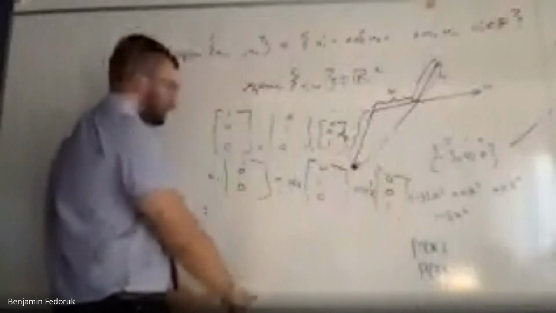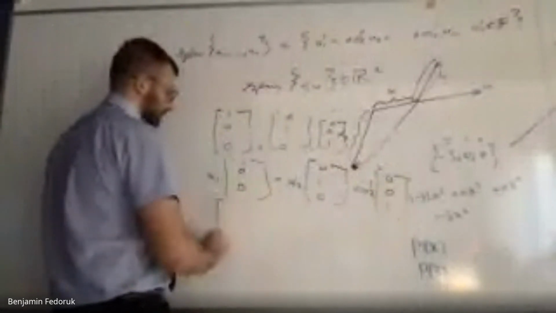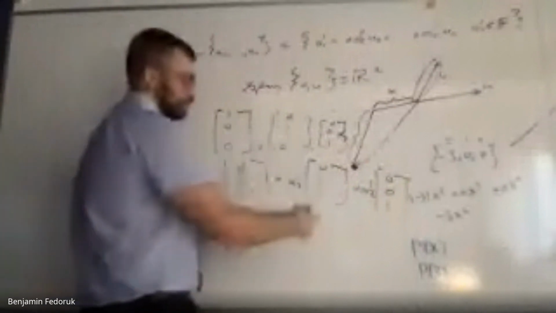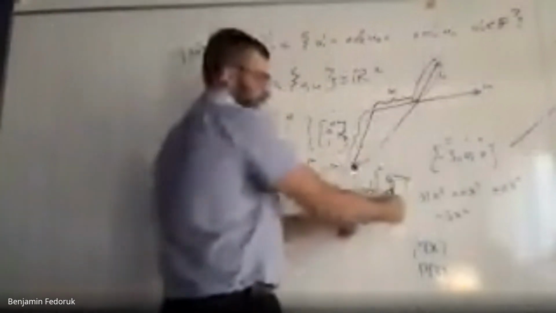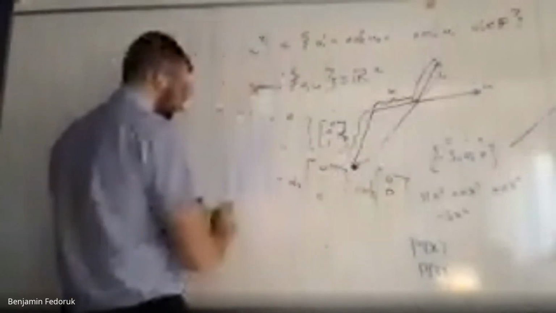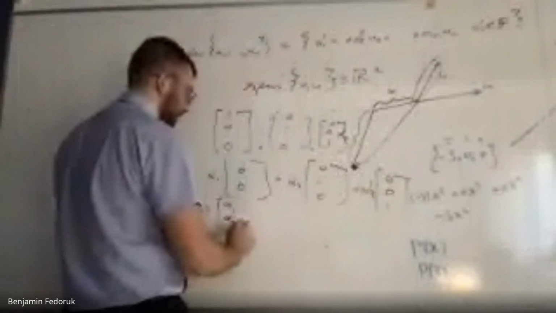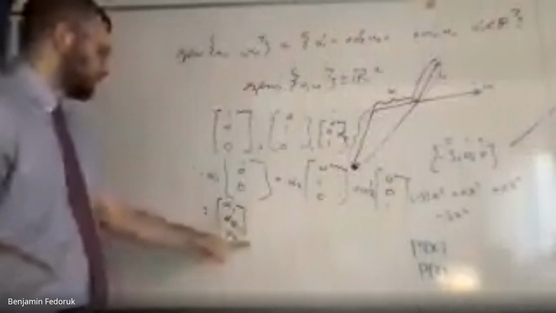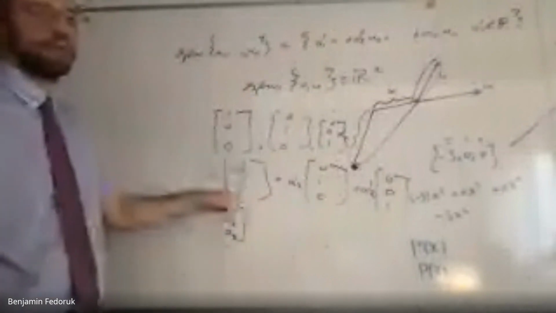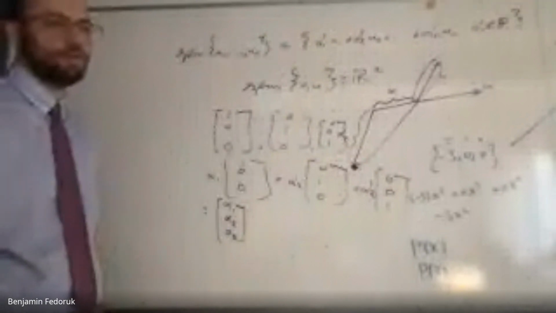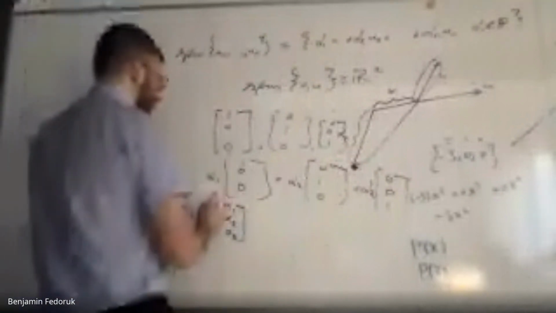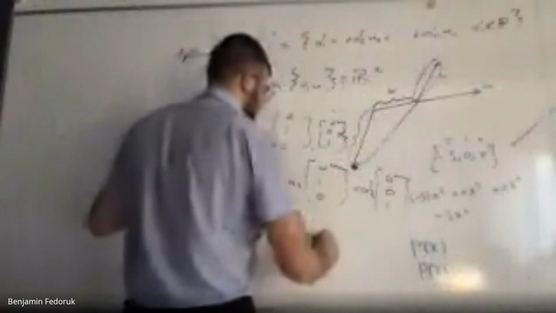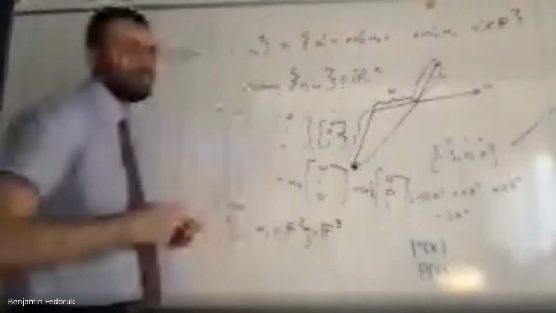So if you combine these together, this one would be (alpha 1, 0, 0). This would be (0, alpha 2, 0), and (0, 0, alpha 3). If you add those together, you get (alpha 1, alpha 2, alpha 3), where those alphas can be any number, right? So when you see something like this, where any of those alphas could be any different numbers, you can make up any vector in R3, right? So the set of this, such that the alphas are in your field, is equal to F3, the whole vector space. If F is R, then it's R3.